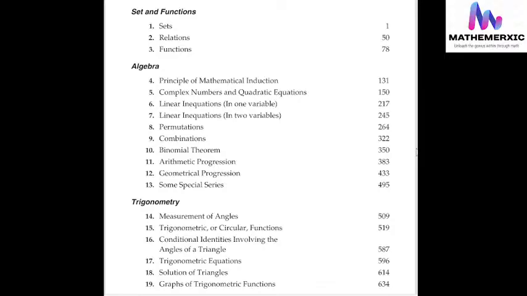We now have complex numbers, chapter 5, and quadratic equations. Quadratic equations, everyone knows, are introduced in the lower classes itself, from sixth onward, and in some syllabi even in fifth standard. So why do we study complex numbers? Because whenever we find the roots of a quadratic equation, sometimes the roots are imaginary, which is not a real number.